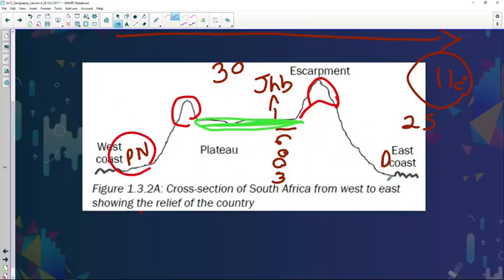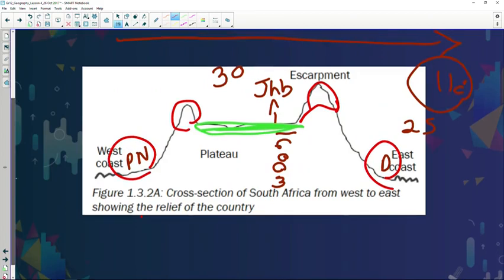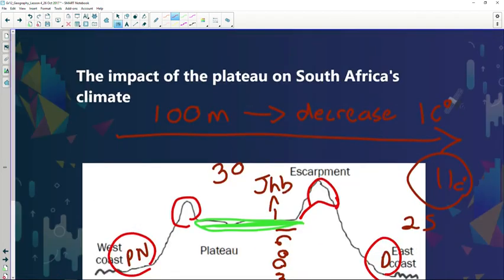Now, Gr12, the simple reason for it is what we discussed a couple of minutes ago. Places like Port Nolloth and Durban, what type of temperatures do they experience? Maritime climate. What does the maritime climate do? It's been influenced by the ocean currents. It moderates the temperature.